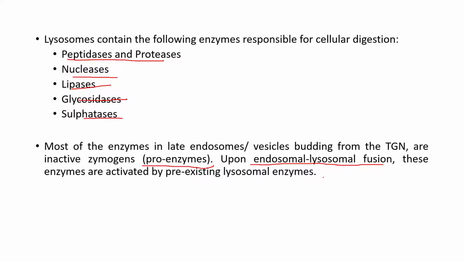So we require that these enzymes should function only upon the endosomal lysosomal fusion. These enzymes should function only when they are in the lysosome. So that is why they are synthesized as well as transported as proenzymes and not as active enzymes.